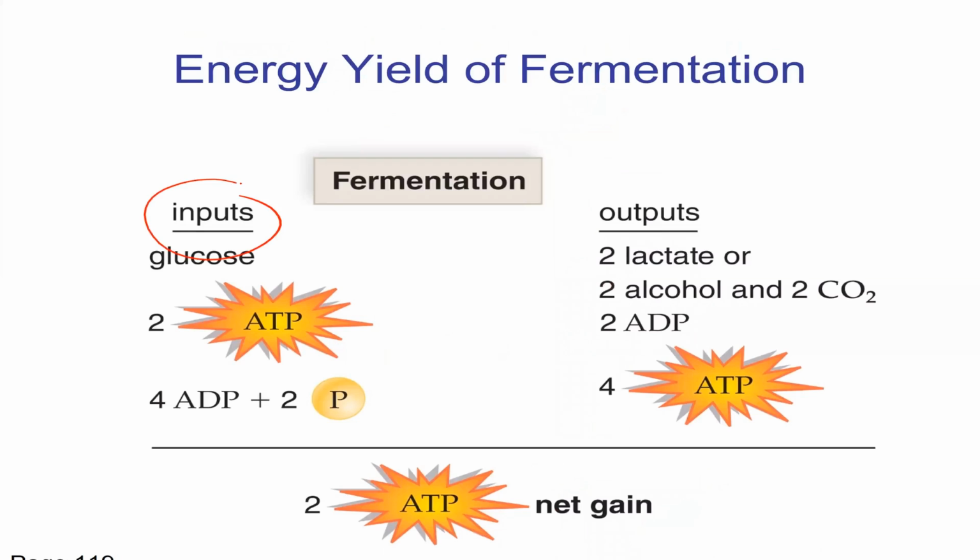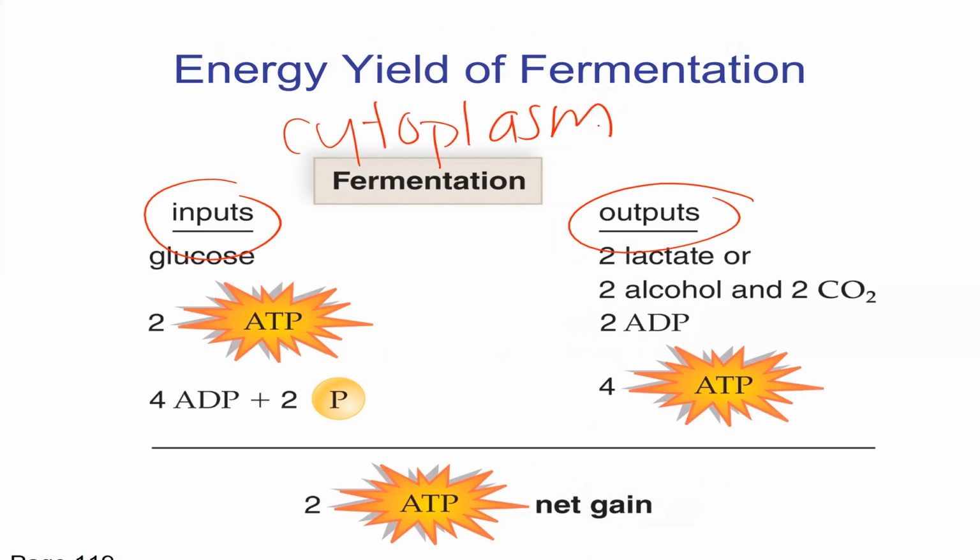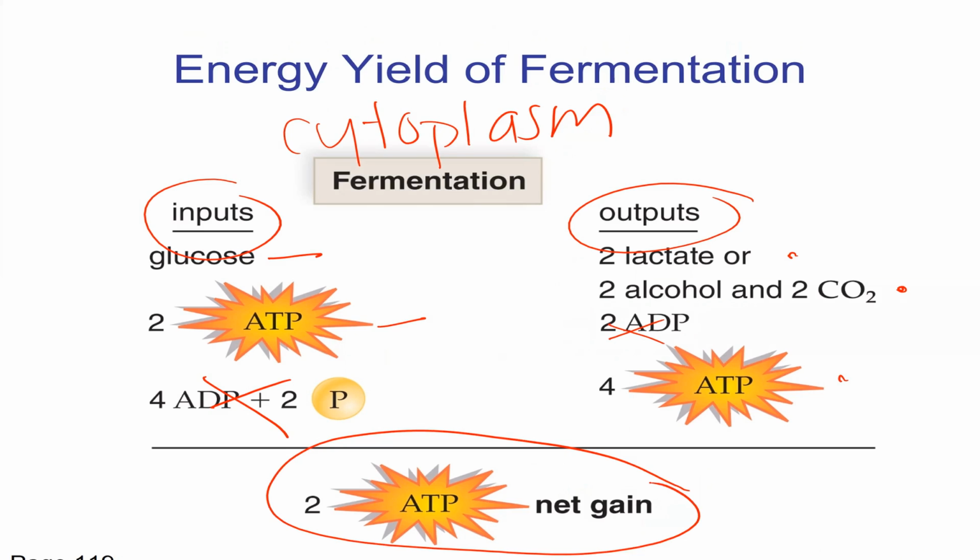What goes in, what comes out, where does it happen? This still happens in the cytoplasm. So glucose goes in, 2 ATP, don't worry about that. And we either get 2 lactate, or alcohol and carbon dioxide, 4 ATP for a net gain of 2 ATP. So you might think, well, glycolysis only gave us 2 ATP and fermentation only gives us 2 ATP. How are they so different?